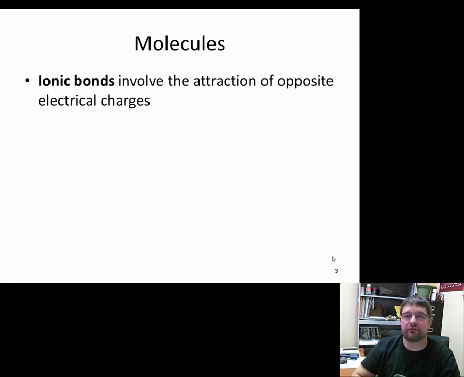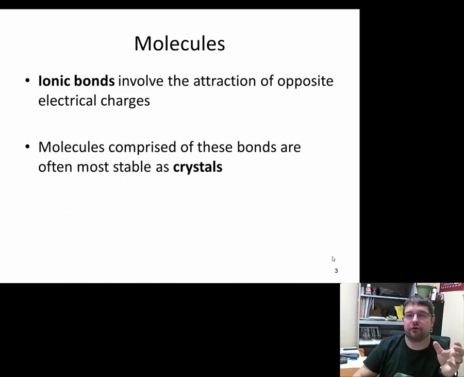This is the attraction of opposite electrical charges. If you have one atom that has a negative charge, meaning it has an extra electron, and then another atom has a positive charge, so it doesn't have enough electrons or has more protons than electrons, these 2 atoms can link together and form a neutral charge.